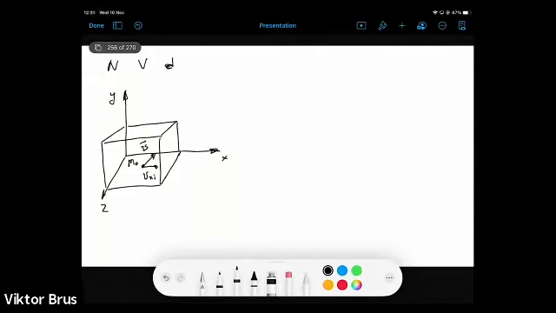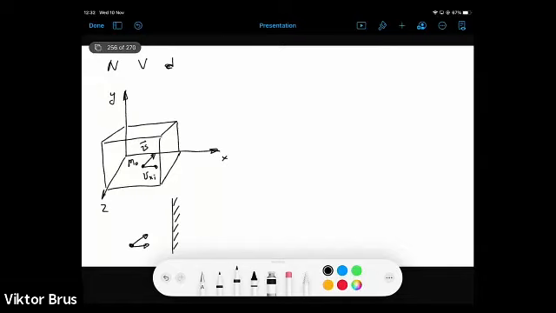So now we need to consider the interaction of this molecule with the wall of the container. So we can draw it here. This is the wall of the container. This is our molecule. Then we have the velocity vector.